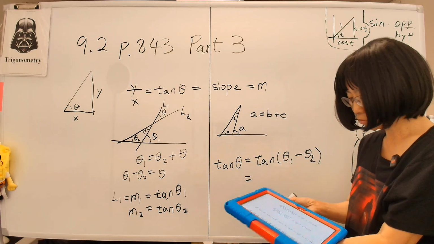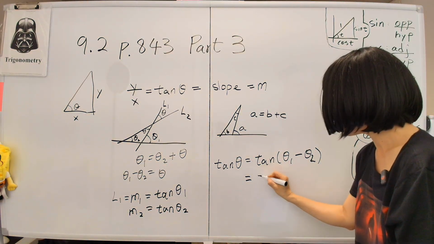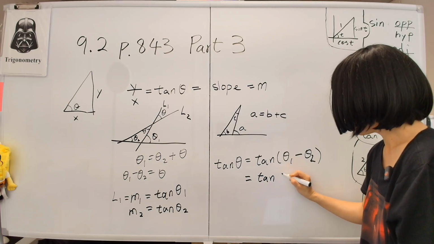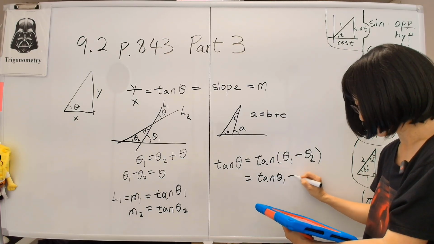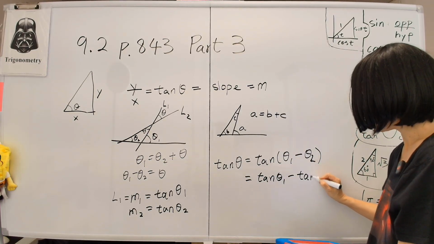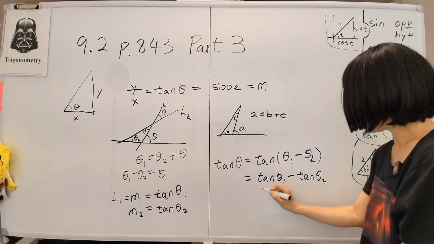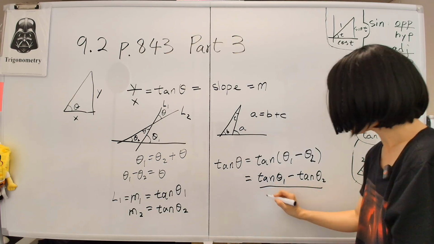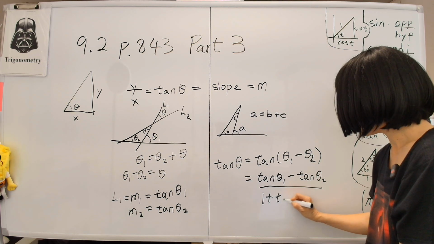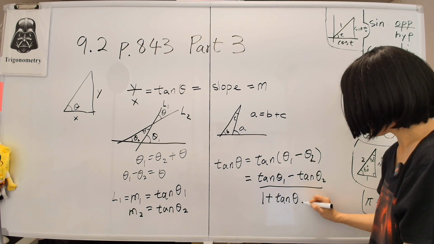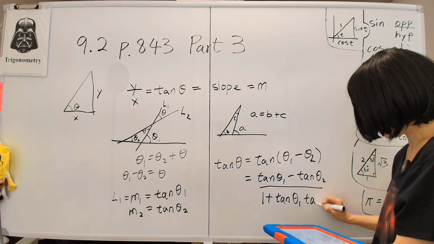That equals tangent of theta 1 minus tangent of theta 2, divided by, and the bottom is plus, 1 plus tangent theta 1 times tangent theta 2.